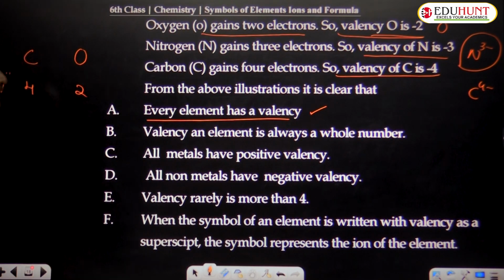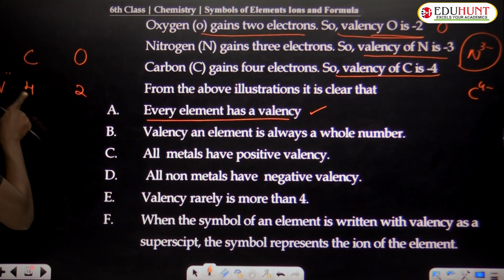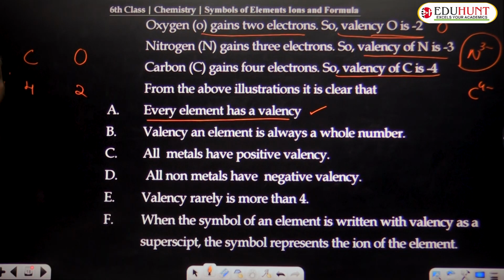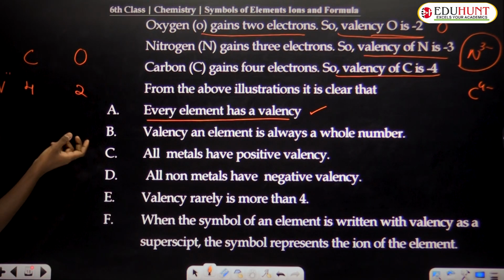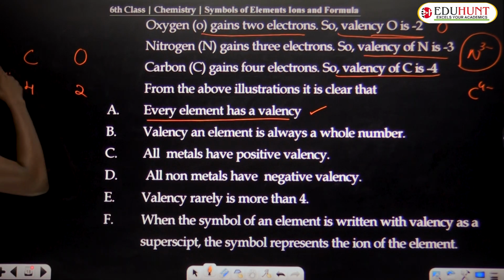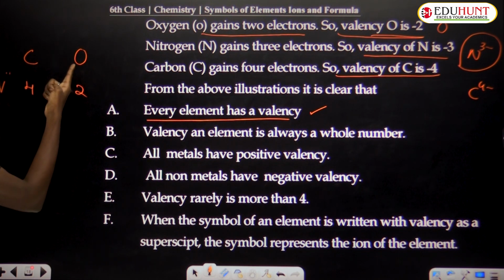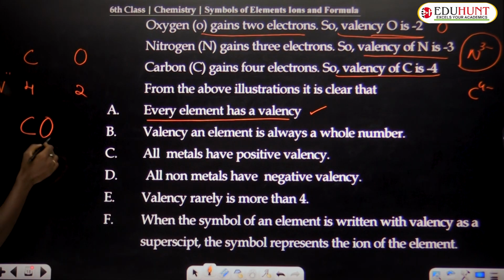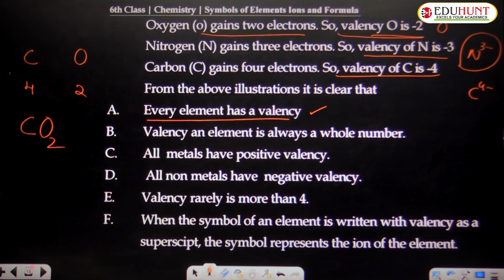If the valency of carbon is 4 and the valency of oxygen is 2, it means the combining capacity of carbon is double that of oxygen, right? That's why one carbon has to combine with 2 oxygens.